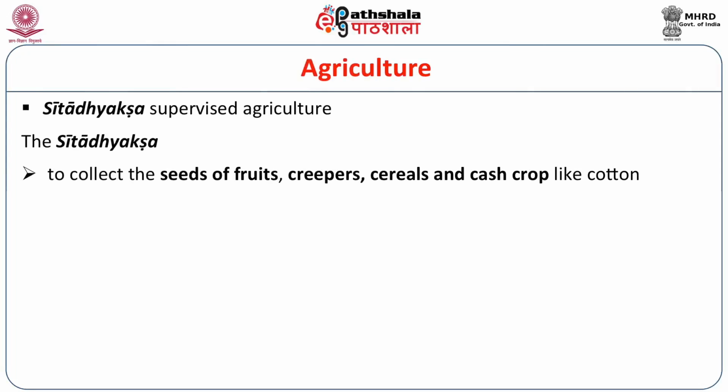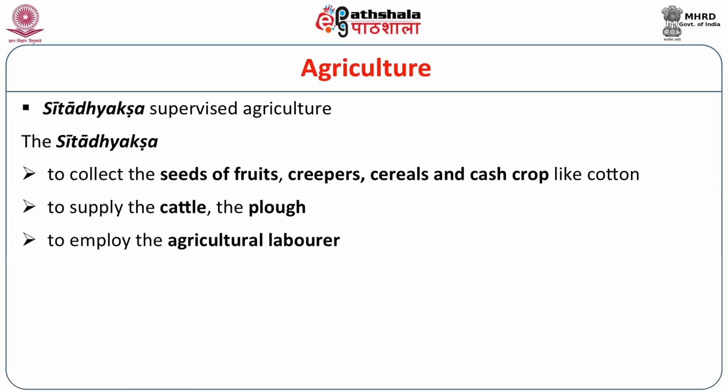He supervised agriculture, and particularly he was to perform certain duties. Those were concerned with collecting the seeds of fruits, creepers, cereals and cash crops like cotton, supplying the cattle and the plough, and employing agricultural laborers to facilitate the tasks of cultivation.